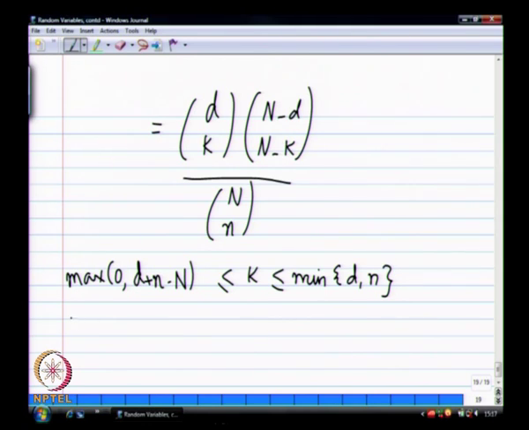So we will just do one quick example. If I have N equals 20 and I know there are 4 faulty items in there, and I choose 10 items from the box and do not put them back, I want to find the probability that I found 3 defective ones, because my goal is to get rid of the defective ones.